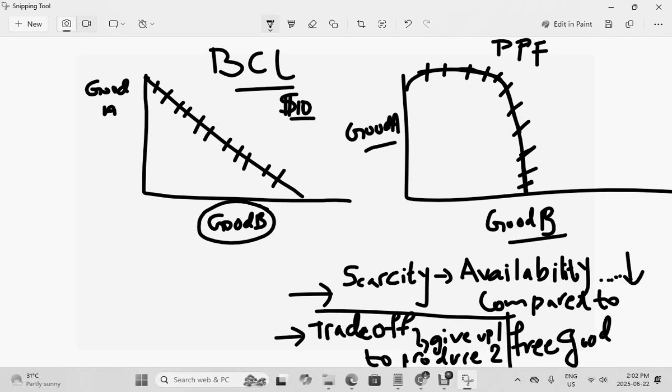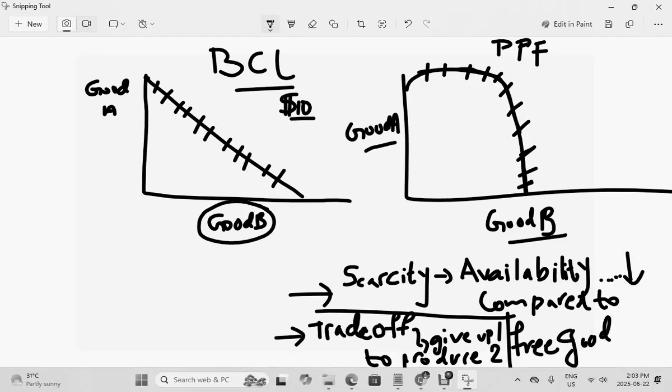And as long as this productive efficiency also leads to some kind of social good, where the benefit to society is more than the cost, it will lead to allocative efficiency. So that would be an example of productive versus allocative efficiency on the production possibilities frontier chart.